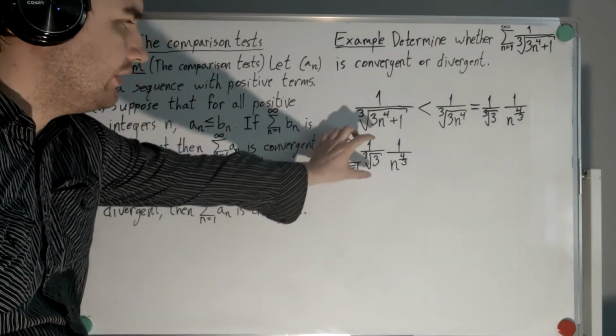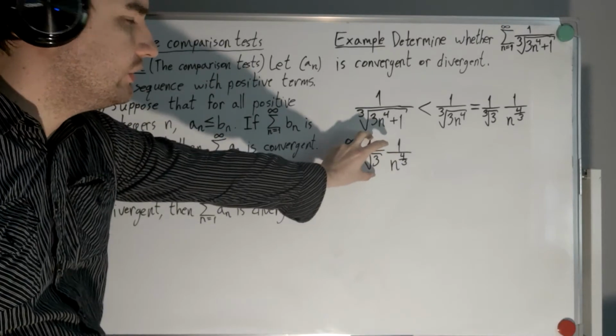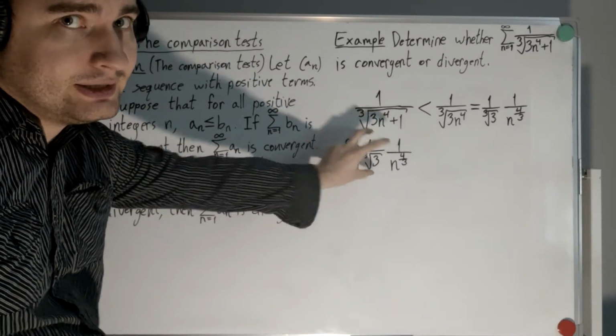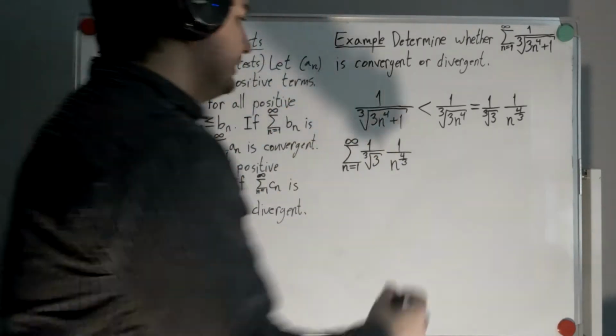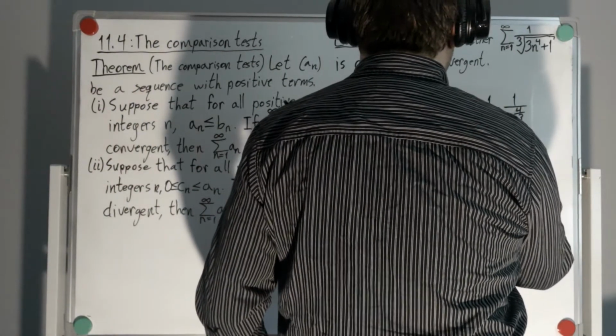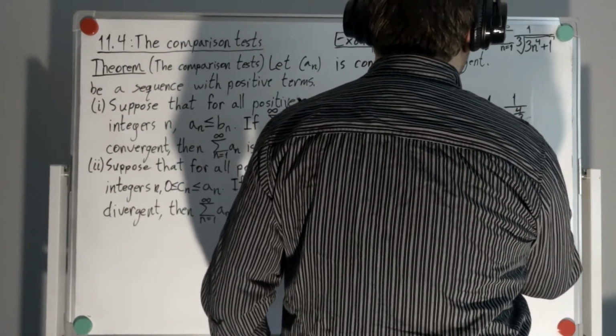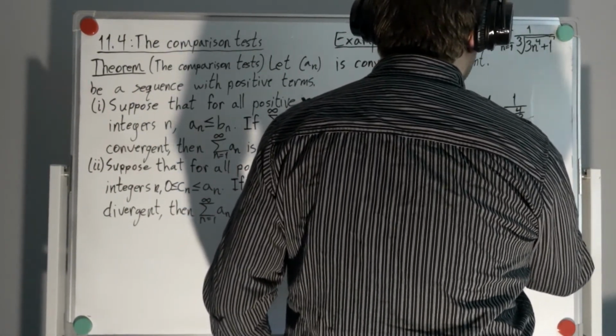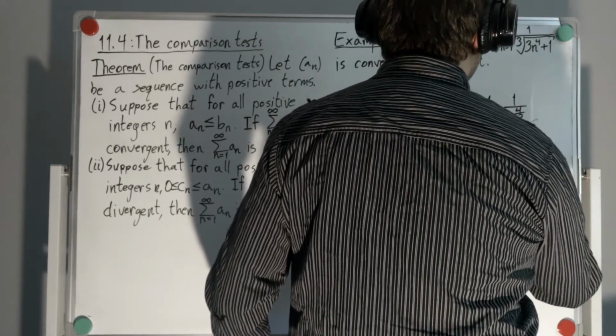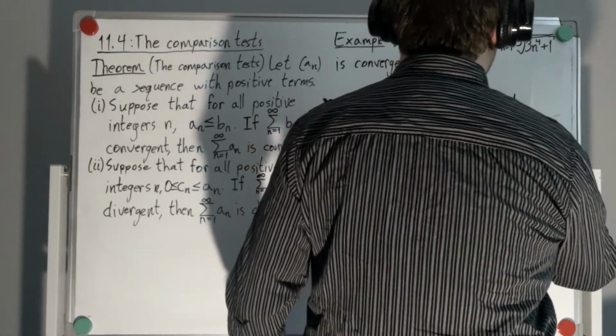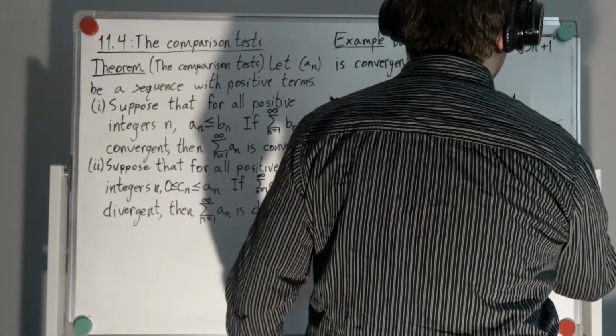Because this is a sum, that means we can use the distributive property to factor this constant out of the sum. So then this becomes 1 over the cube root of 3 times the sum from n equals 1 to infinity of 1 over n to the 4/3.